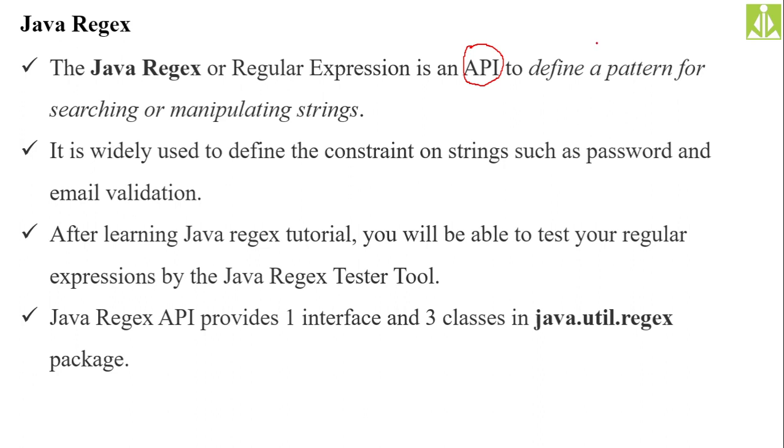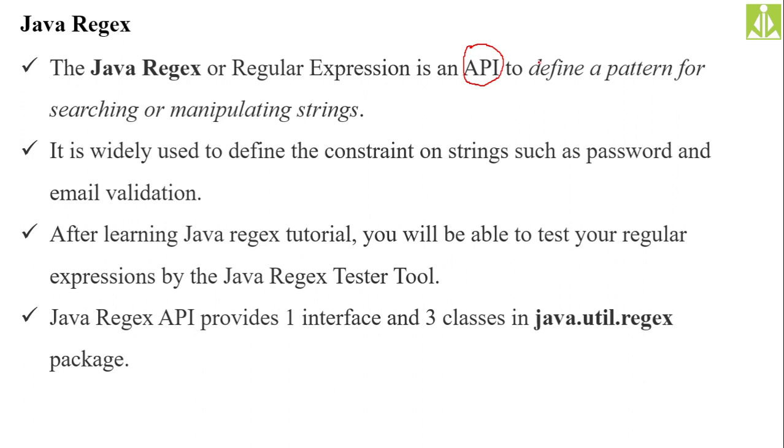So if you are performing a search operation on that string, and you don't remember the exact name, or you remember only part of the name, or you want all the people to be searched whose surname is so and so, or if you want to search the persons whose name starts with the letter A, in such cases we use these regular expressions.